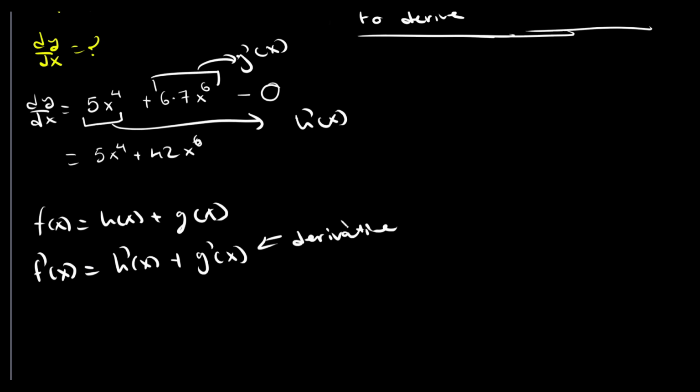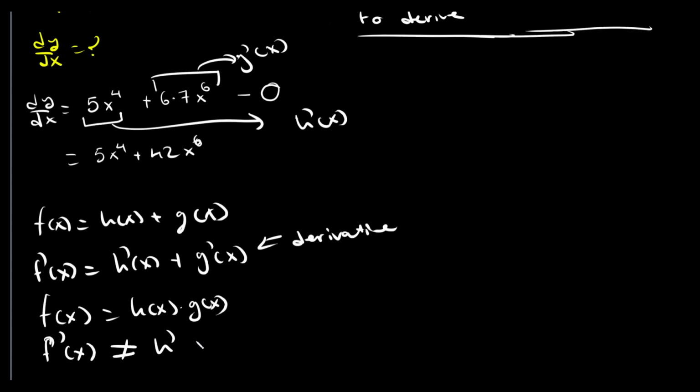What I think you guys should know is, for example, if you have my function h of x times g of x and I take the derivative, it's not going to equal h prime of x times g prime of x.